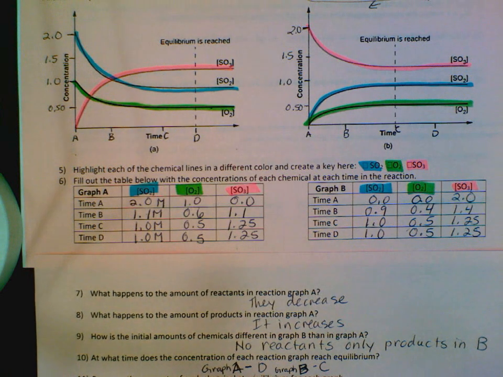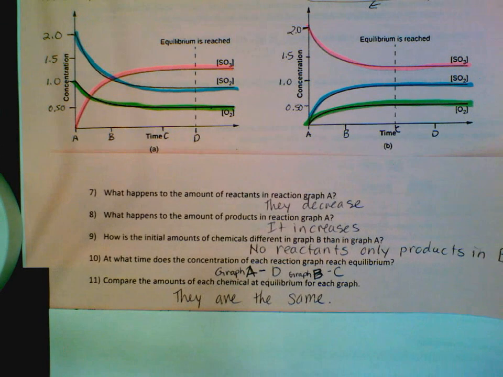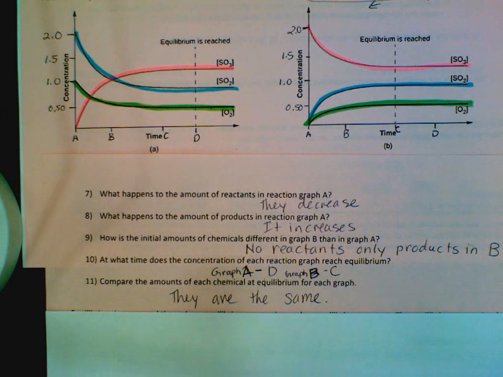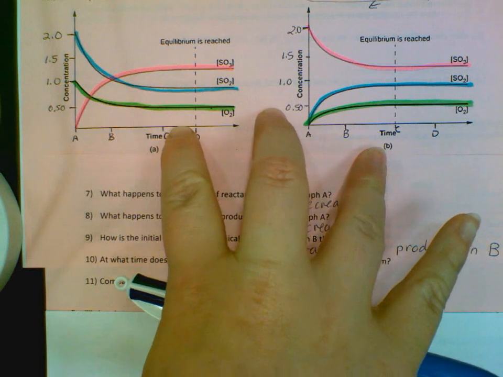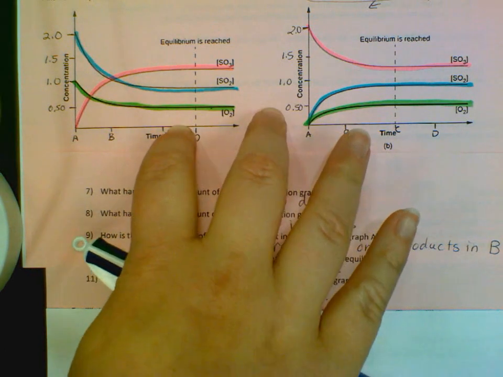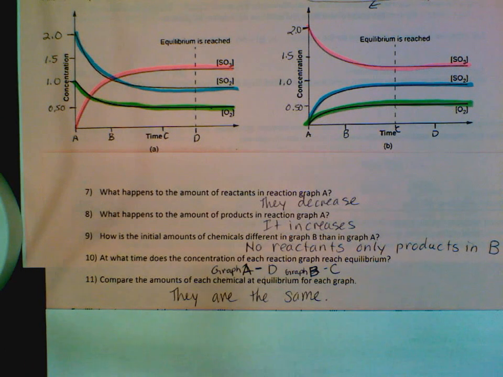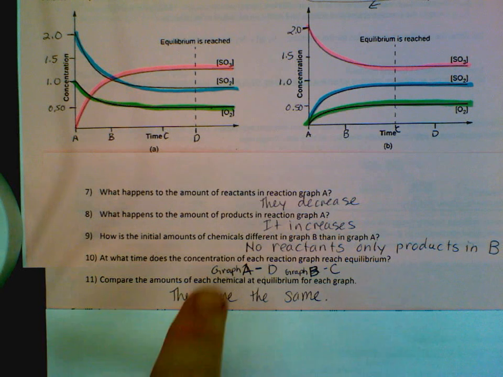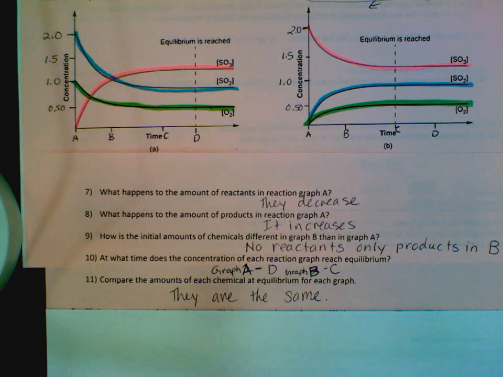Okay, so what this means is that no matter what chemicals we start with, we're going to end up with similar amounts or similar ratio of one chemical to another. In this particular example, it had the exact same amounts to kind of drive that point home, but really it's the same ratio of chemicals, of reactants and products when we reach equilibrium.